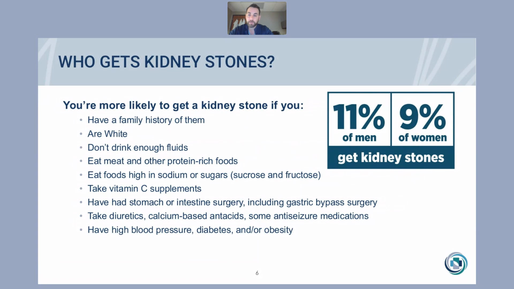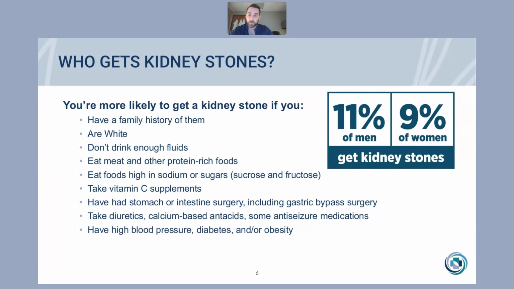Kidney stones are becoming more and more common. Roughly 1 in 10 people can develop stones, 11% of men and 9% of women. Things that can increase your risk factor for kidney stones: family history does play a role, as does White or Caucasian race. Not drinking enough fluids is definitely the biggest risk factor you can have.